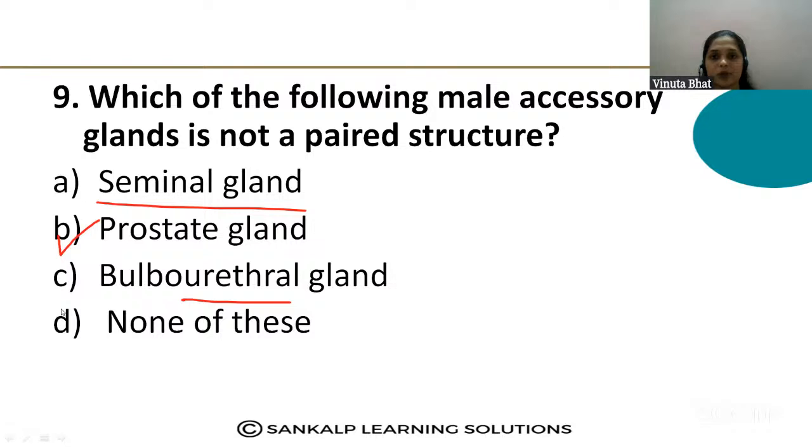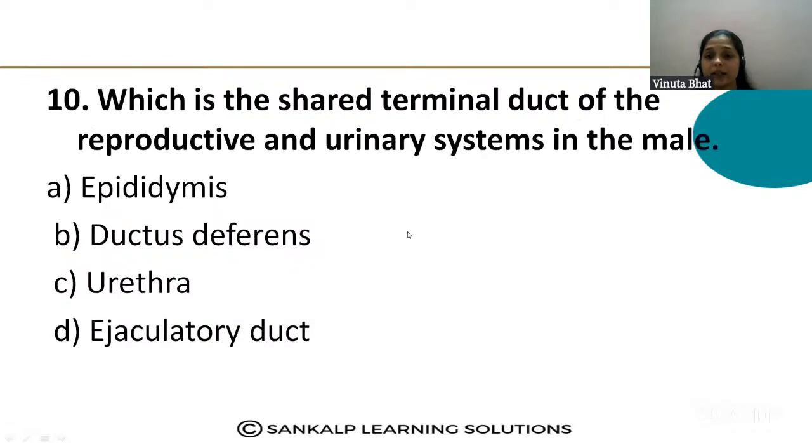Next question. Which is the shared terminal duct of the reproductive and urinary system in male? It is the terminal duct for the reproductive and urinary system that I explained, right? For reproduction, the sperms are transferred in the same duct, and the urine is also transferred in the same structure.